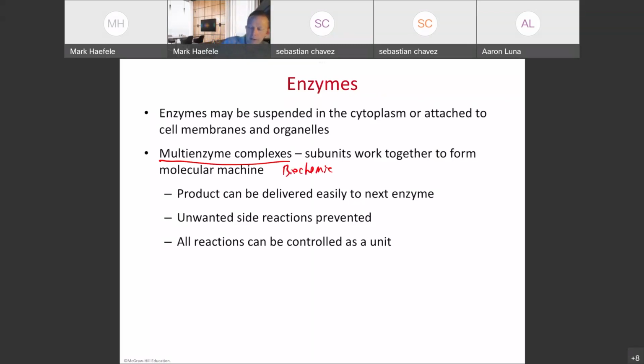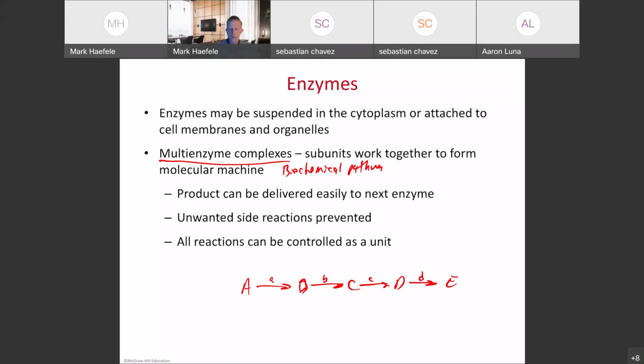So for instance, the product of one enzyme is the reactant for the next, right? Here's a good example. Let's say we have a starting product A, which is converted to B, which is converted to C, which is converted to D, which is converted to E. The enzyme that converts A to B is little a, the enzyme that converts B to C is little b, then C to D is little c, and D to E is little d.